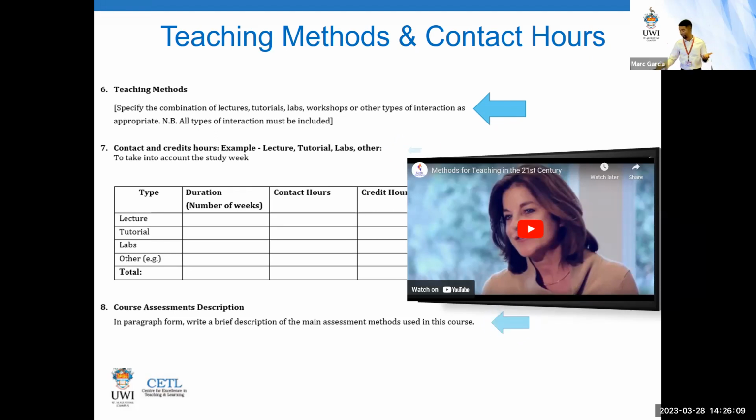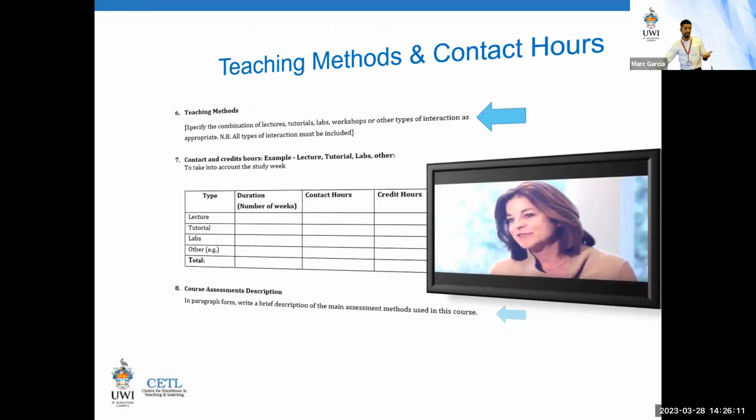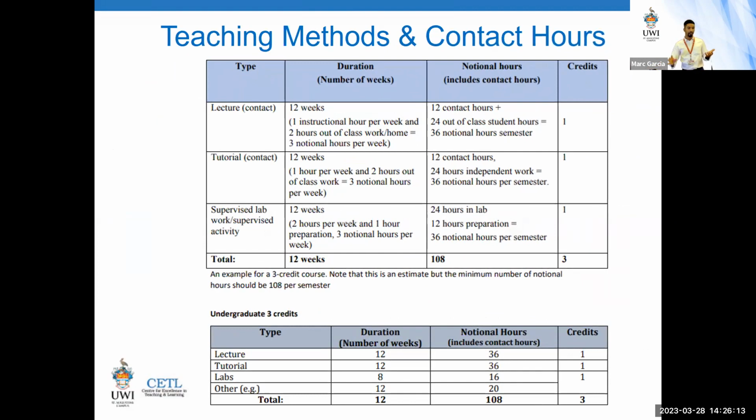So if you notice in the next slide, it has notional hours, and in brackets, it includes contact hours. So that's the translation there. I guess maybe it's a difference in the terms, but you could use them synonymously for now. So duration or number of weeks, which is in most cases 12, contact hours / notional hours, you could put that there, and then the credits. Does that help?